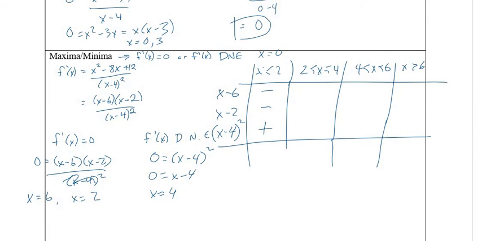In fact, x minus 4 squared, because it's squared, will always be positive, so we can just fill those in right away. Between 2 and 4, we can pick 3, so that's going to be negative. This one's going to be positive. And then for the next category, we could do x equals 5. So 5 minus 6 is going to be negative, positive, positive. And then for x greater than 6, let's say x equals 7. So that's going to be positive, positive, positive.